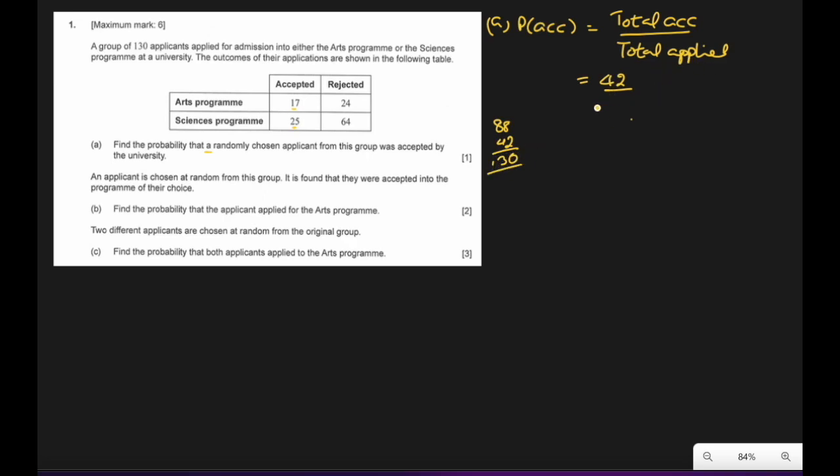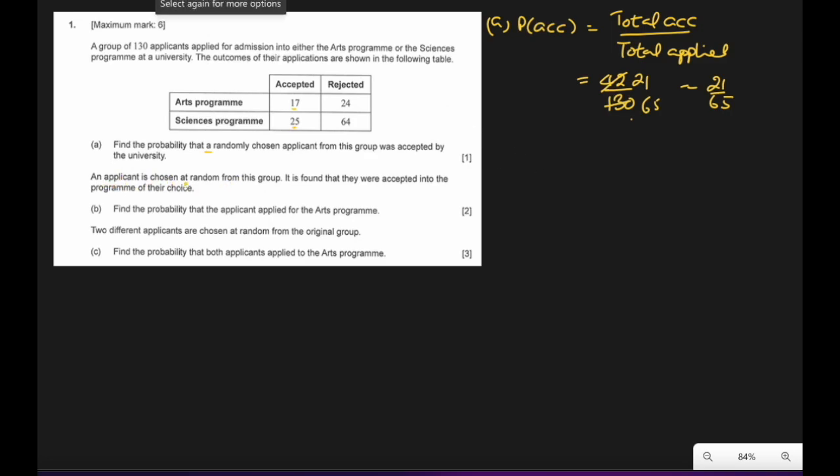Yeah, so the denominator will be 130, and we'll simplify this. It will be 21 and 65. That's the answer. 21 over 65 is the probability that a person chosen will be the one who was accepted in that university. All right.